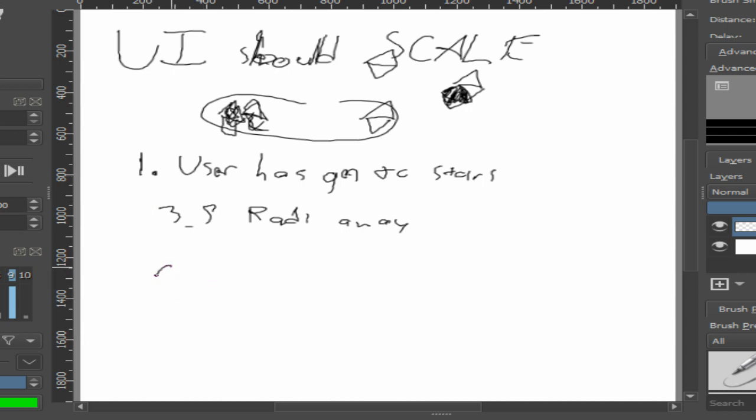The user, represented here by this oval, or rather the cursor, shoots out a ray, and if it hits a star, then the user moves in this direction. After, of course, it hits a star, it says, okay, object, do you have a radius? And the star says, yes, of course, this is what it is. And then it's like, okay, we will go to 3 radii away from you, and then we'll stop. We cannot get closer. Now, there's some issues with this.